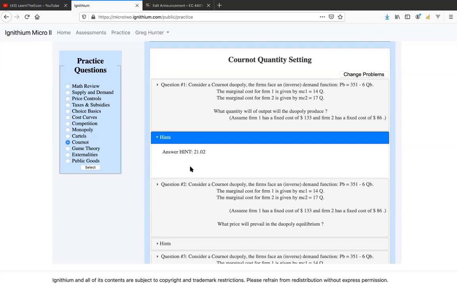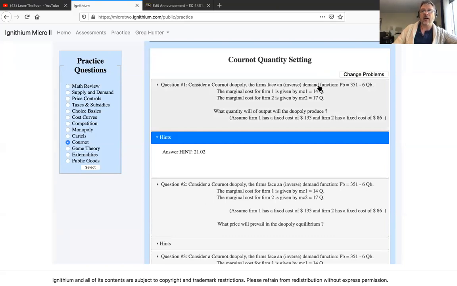So I imagine firm 1, which has the lower marginal cost, would probably produce a little bit more. They'll probably produce about 11 units, and firm 2 would probably produce about 10 units. So together they're going to produce the 21 units. 10 plus 11 is 21. But obviously, I don't really know till I go through the math and find the Nash equilibrium output for each of them.